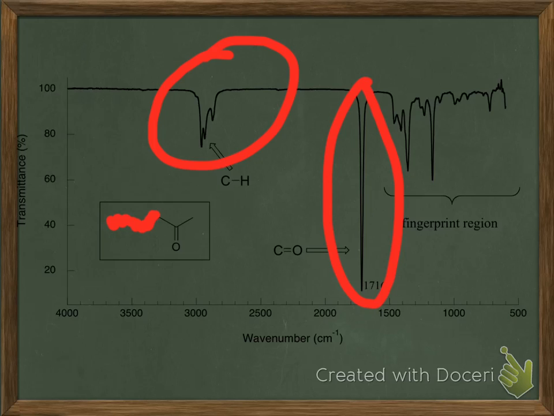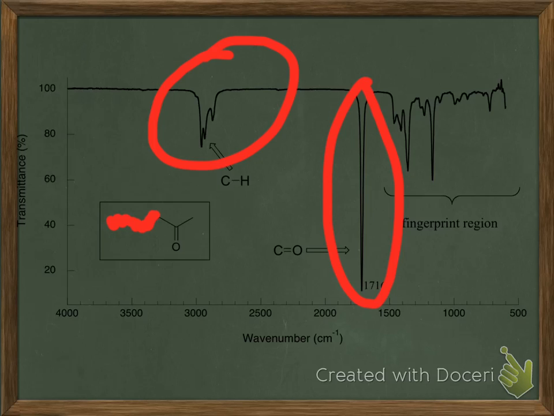Now, in the case of propanone, you've got fewer CH stretches than you had with propanal. Don't worry about that for the moment. You can see that we've also got the carbonyl bond again, which has been present throughout the whole three. But essentially, this IR spectrum of propanone is very similar to the IR spectrum from propanal.